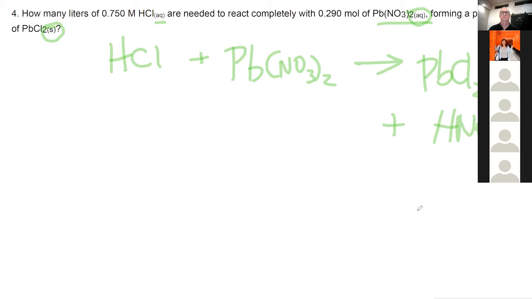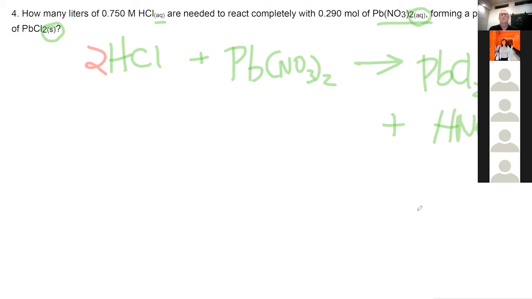Is it 2 hydrochloric acid, and then lead nitrate, Pb(NO3)2? Why do we need to change the number of lead nitrates? I have one atom of lead on the left, I have one atom of lead on the right.